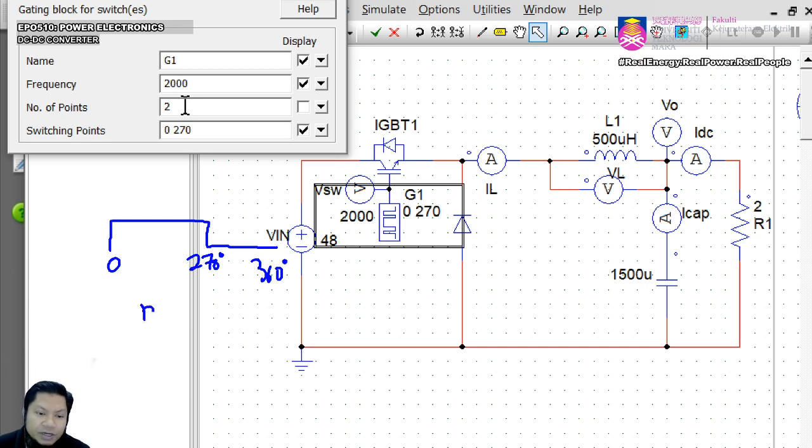What is the duty ratio now? We know that duty ratio 1 equals 360 degrees. Therefore, if you have 270 degrees, your duty ratio D equals 270 degrees divided by 360 degrees.